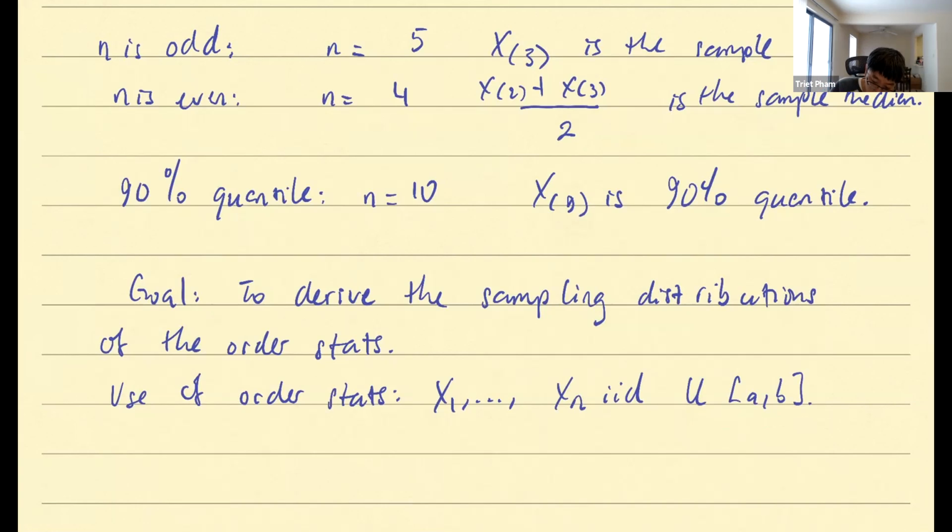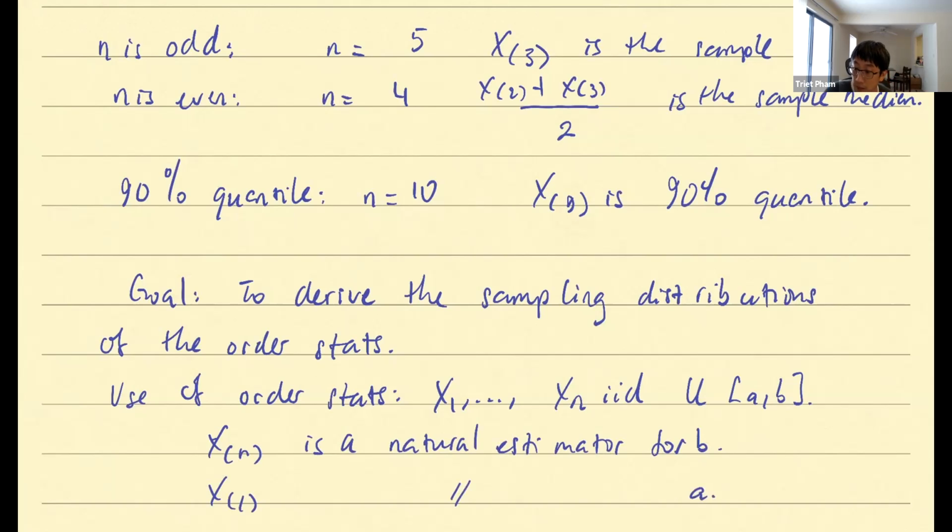When you look at a sample, you definitely want to know what A and B are. These are unknown. So naturally, the sample max is a natural estimator for B, and the sample min is a natural estimator for A. That's the statistical context that we'll be working with a lot. In other words, if you want to say something intelligent about B, you better say something about the sample max. Same goes for A.